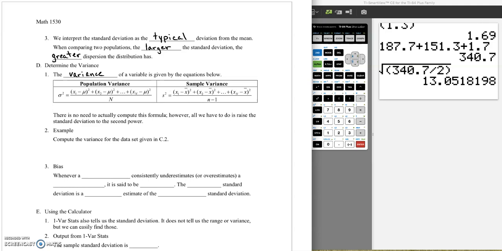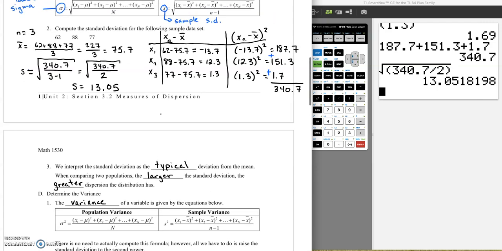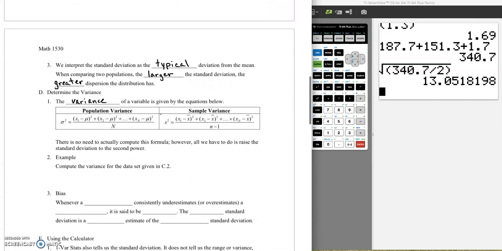So there's no need to actually go through the whole process. Once we have the standard deviation, all we have to do is raise it to the second power. So if we go back and compute the variance from this last problem we had, our S, our standard deviation, was 13.05.